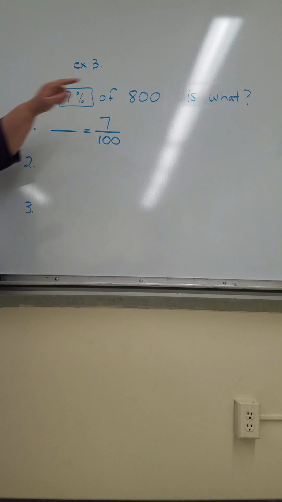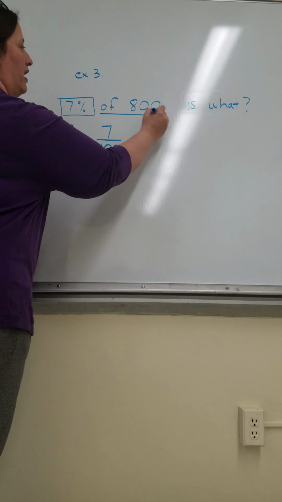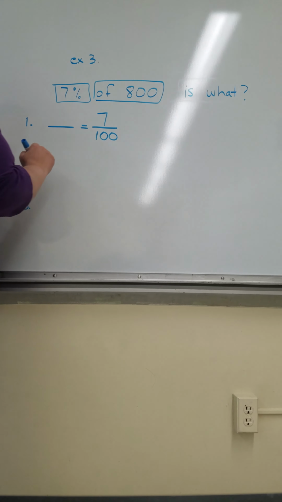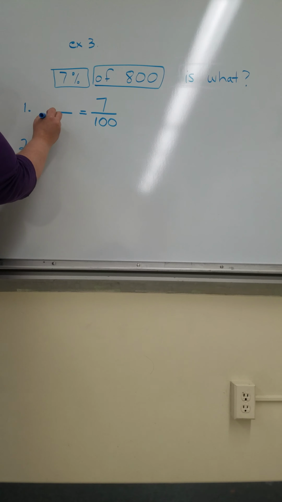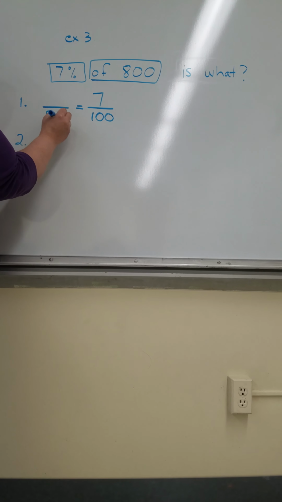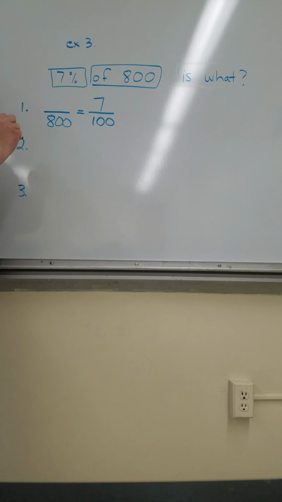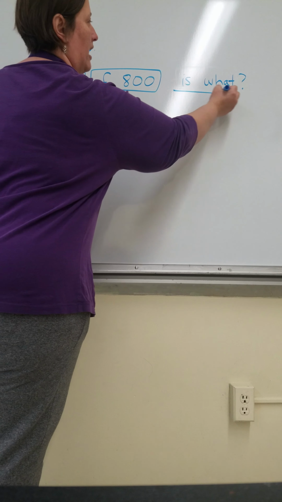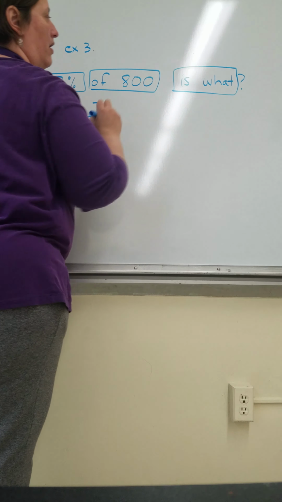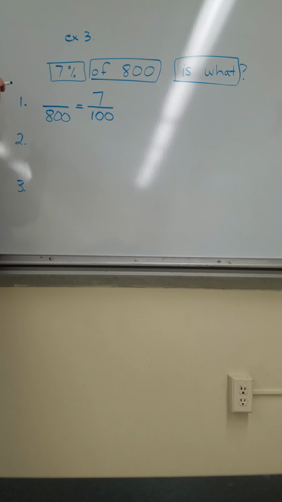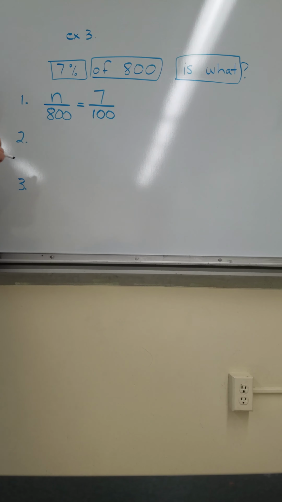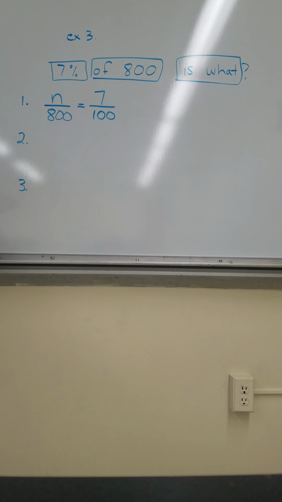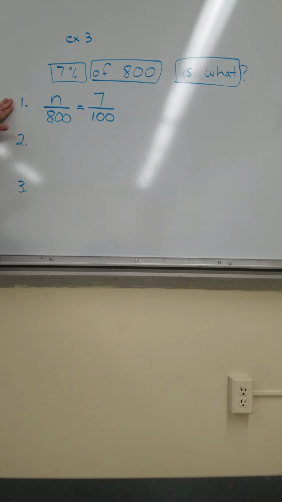Now we keep reading. Of 800. Okay, is over of. So 800 should go down here because that's where the of is. Keep reading. Is what? Okay, remember when we see the word what, it's our variable. So the n will go in the numerator. So step 1 is finished.